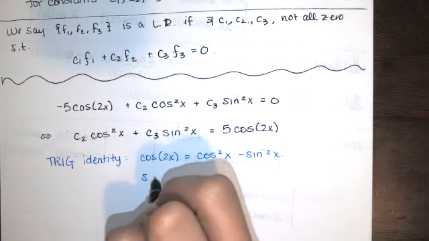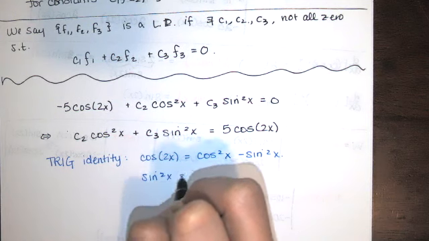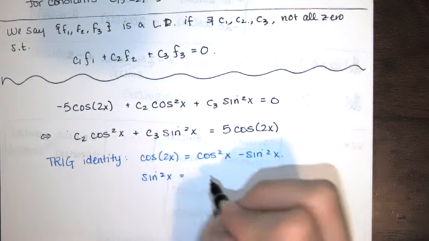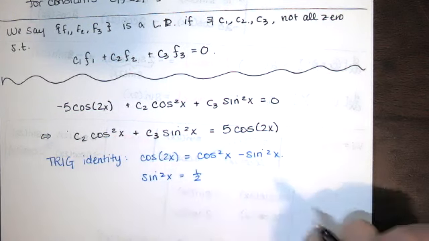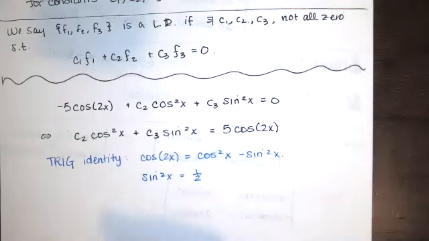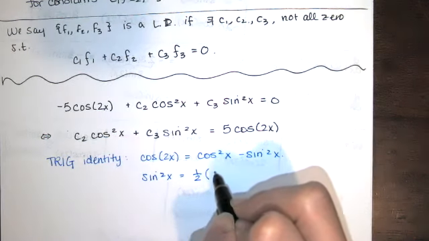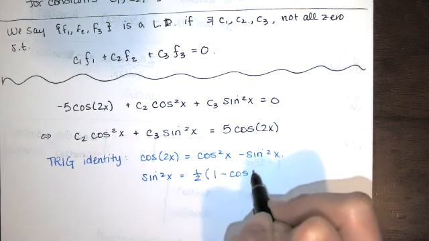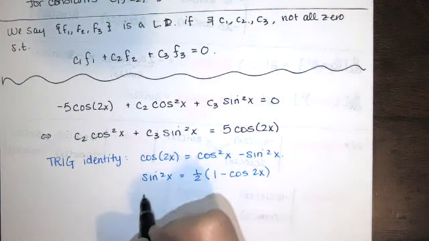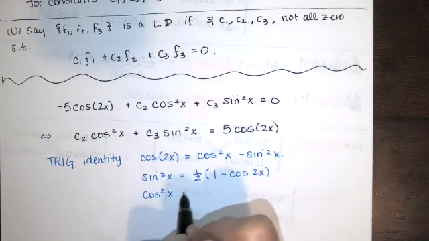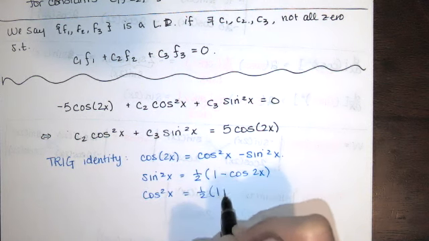Or you may remember this from Calc 2. In Calc 2, we used power reducing formulas. Every time we see a sine squared and we want to anti-differentiate it, but we can't, we replace it with this. It turns out to be 1/2 of 1 minus cosine of double the angle. And cosine squared is very similar, except instead of subtracting, we add.